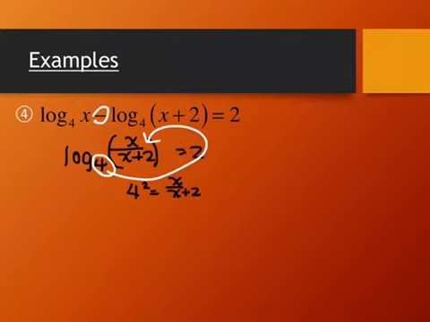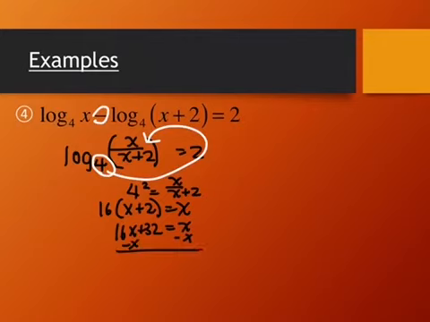Okay, so clearly 4 squared is 16, and I can multiply by the x plus 2 on both sides. And so now I have 16x plus 32 equals x. If I subtract my x and subtract the 32, I have 15x equals negative 32, which divides by 15. Now, that might not look like a problem to you at the get-go, right?